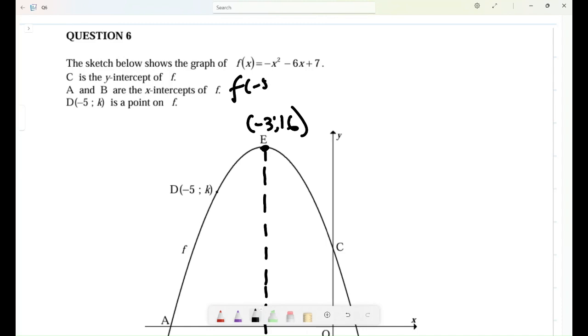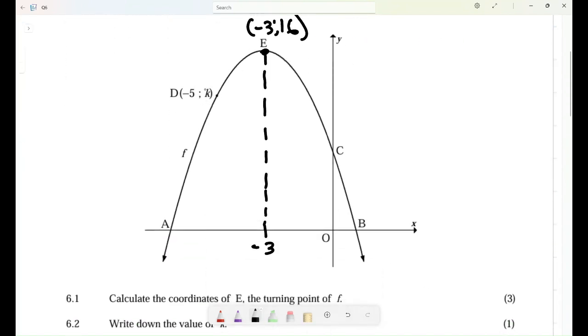It's going to be negative into -5 squared minus 6 into -5 plus 7. Then you get your answer as 12. So k is equal to 12.